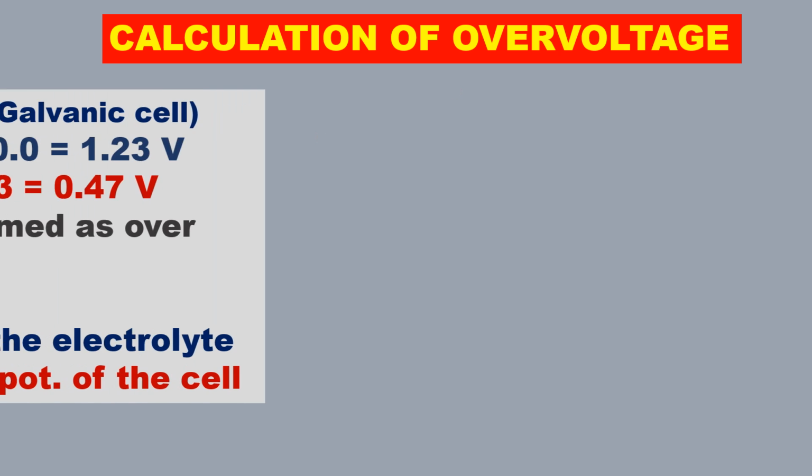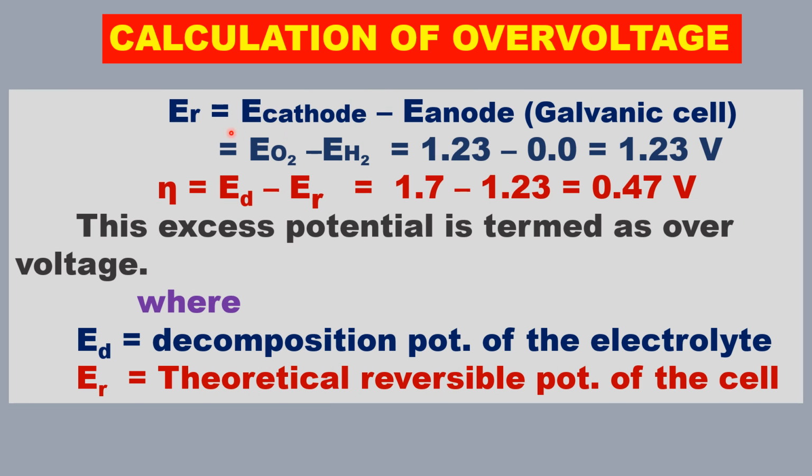Let us calculate the over potential of this one normal H2SO4 electrolytic solution. According to the Nernst equation, the reversible potential ER is equal to E cathode minus E anode for the galvanic cell.